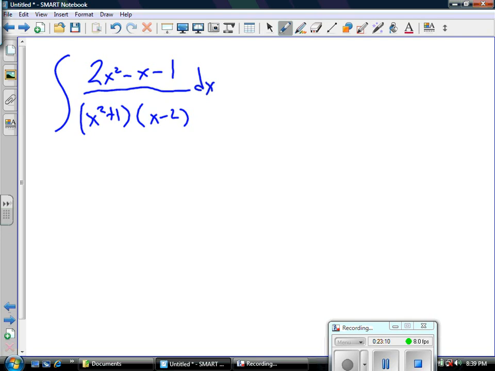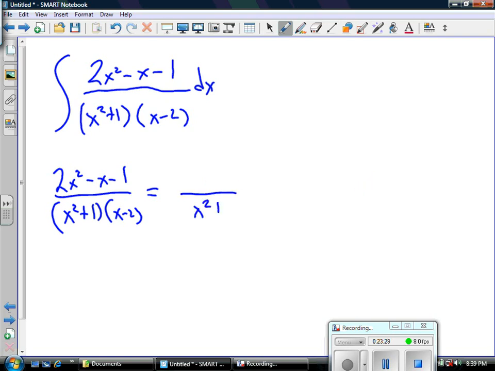So no calculus anymore. Now we rewrite this: 2x squared minus x minus 1 over x squared plus 1 times x minus 2 can be rewritten as how many fractions? Two. One with this denominator, and one with this denominator.